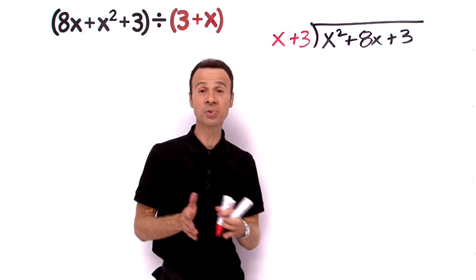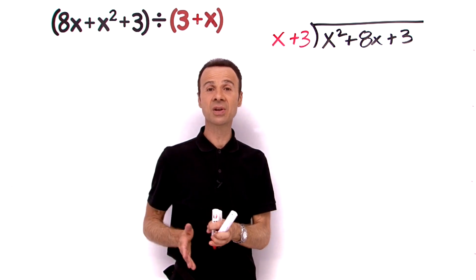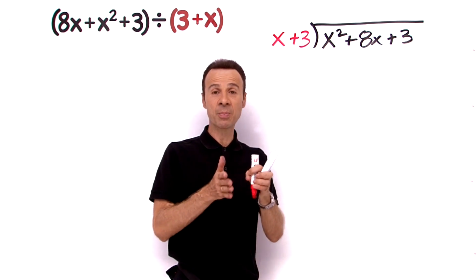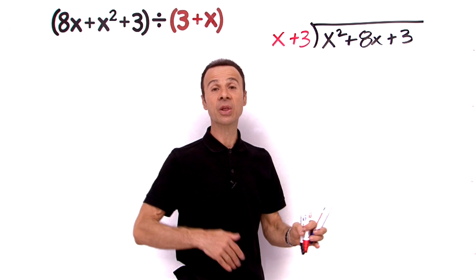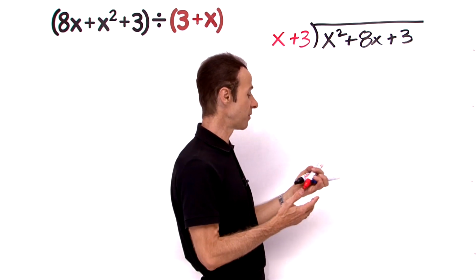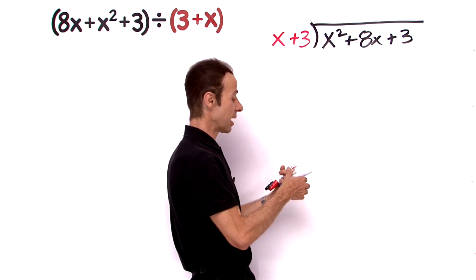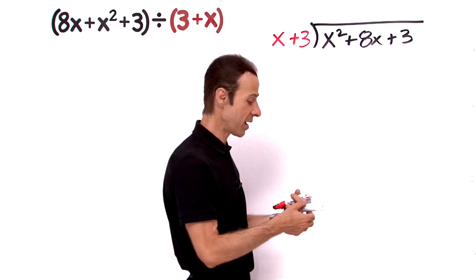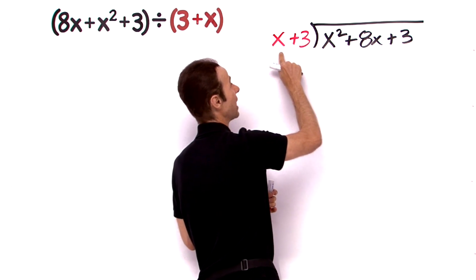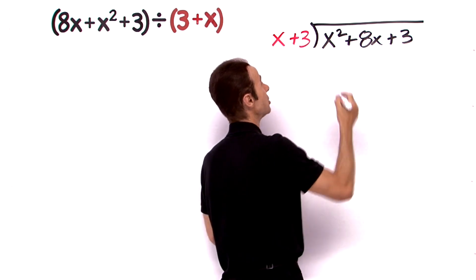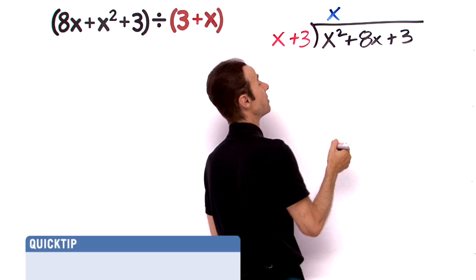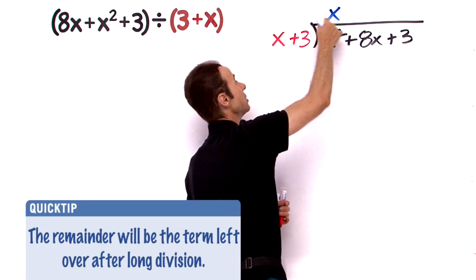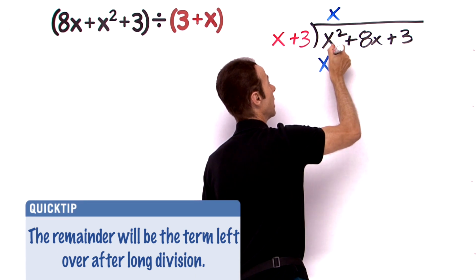Now, it involves 3 simple steps. You've probably heard this in other videos. First, we divide, then we multiply, then we subtract, then we repeat that process. So that's the long division. Okay, let's go through it again. So let us divide. How many times does x divide into x squared? It goes in x times. Then we multiply. X times x is x squared.